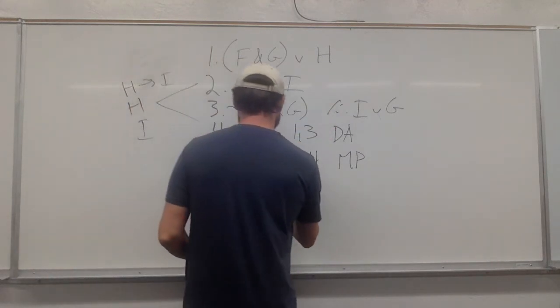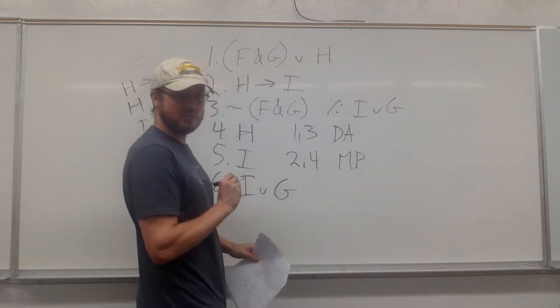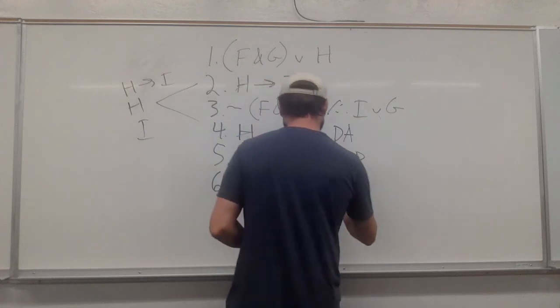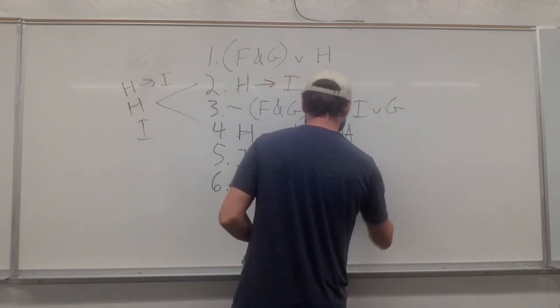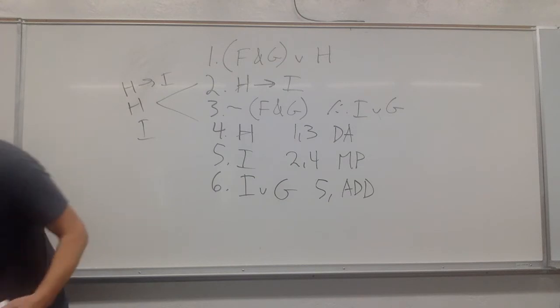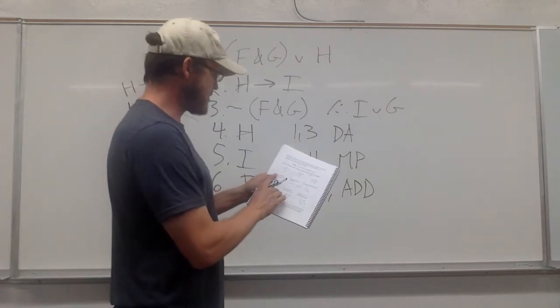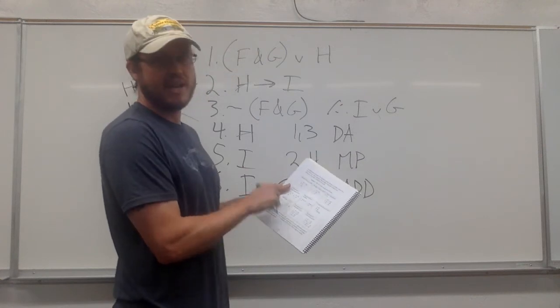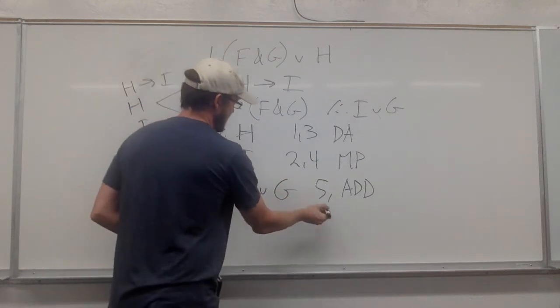So what do I do? I add the G, and now I have the conclusion, but I have to show my work. So I used line 5, and I used the addition rule. And notice, here's another source of confusion. Notice that the addition rule only has one premise. It only has one premise. And that's why I'm only putting one line here.